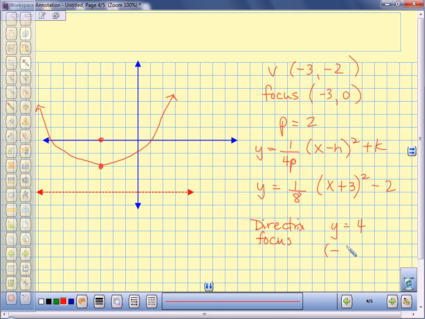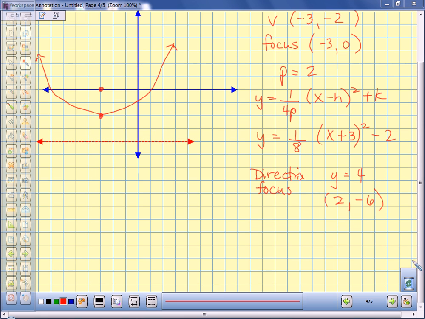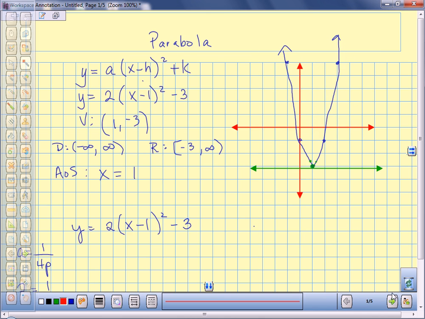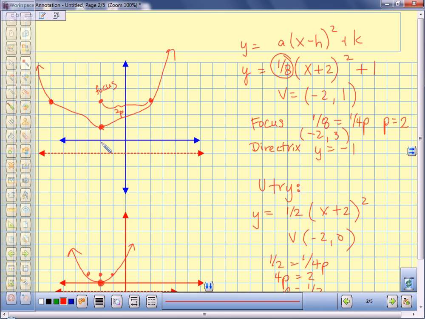Let's do 2, -6. Well, in every one of these, this is p and this is p. We know that the vertex is always p units from both of them, which puts the vertex right in the middle, doesn't it?